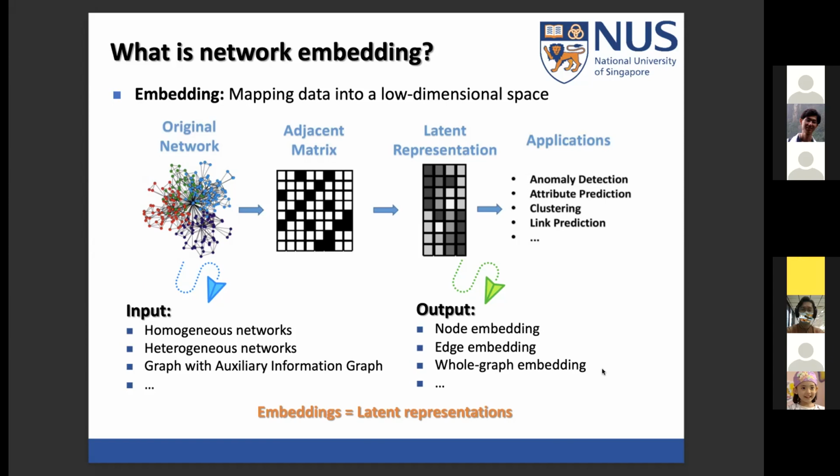It can be seen that the input network can be in various forms, such as homogeneous network, heterogeneous network, or graph with auxiliary information, such as node labels. As for the output, the granularity of embedding can be determined according to the specific task, embedding of nodes or edges, or the whole graph, and so on.